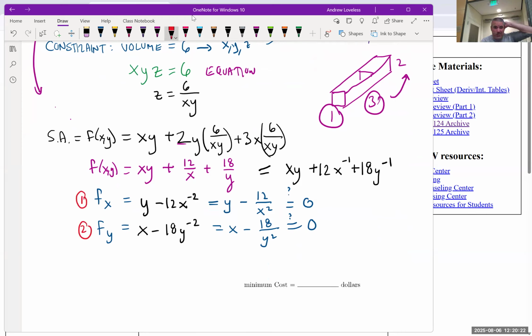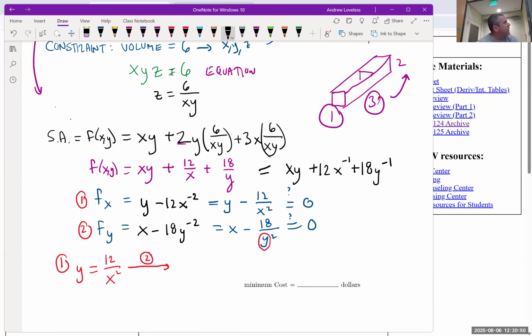is I need to substitute. They don't look like they easily factor. They kind of look pretty similar. So I think I would just pick equation 1 and write y is 12 over x squared. And then I'm going to substitute that into equation 2. Most often when I've seen errors on the algebra, it happens right here because we're substituting into the bottom of this fraction and we're substituting a fraction into it.